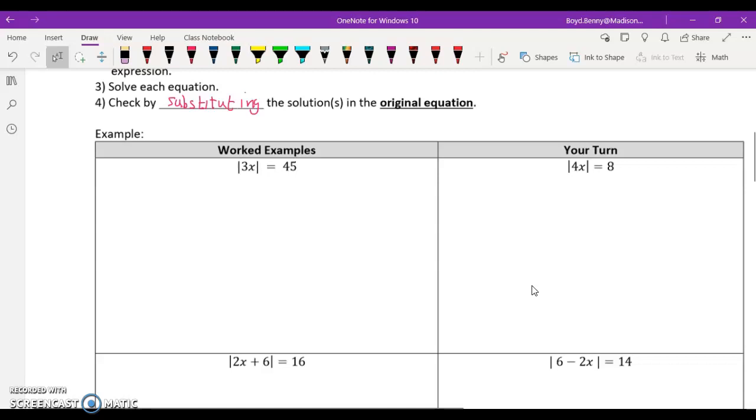All right, so let's take a look at our first worked example. So, we don't have anything outside of the absolute value bars to isolate. So we'll go ahead and start with the inside of the bars. Okay, so the first equation is going to be 3x equals 45, or the opposite of 3x equals 45.